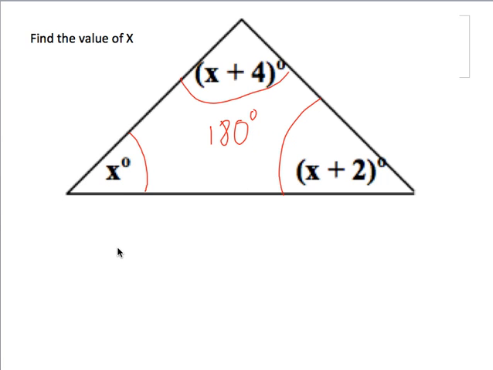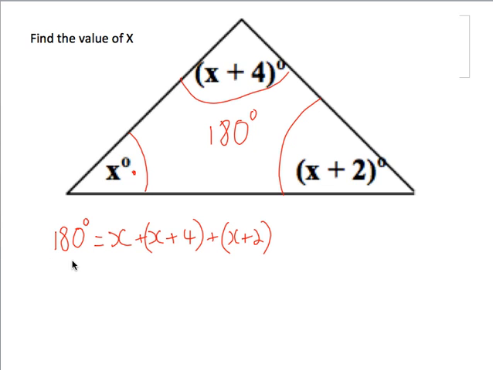So first step in this sort of question is we write down our equation, and we know that 180 degrees is equal to this angle, which is x, plus this angle, which is x plus 4. Could put it in brackets to begin with if we wanted to, plus this angle here, so plus x plus 2. So it's simply now a case of rearranging our formula and working out what x is.